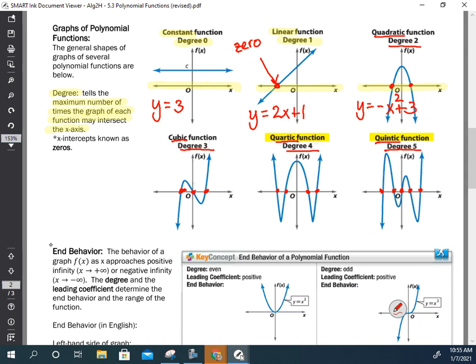Because that is the point where the function will equal 0, where the y value will equal 0. So if it touches the x-axis, it's called a 0, regardless of what type of graph you have. Any questions so far?